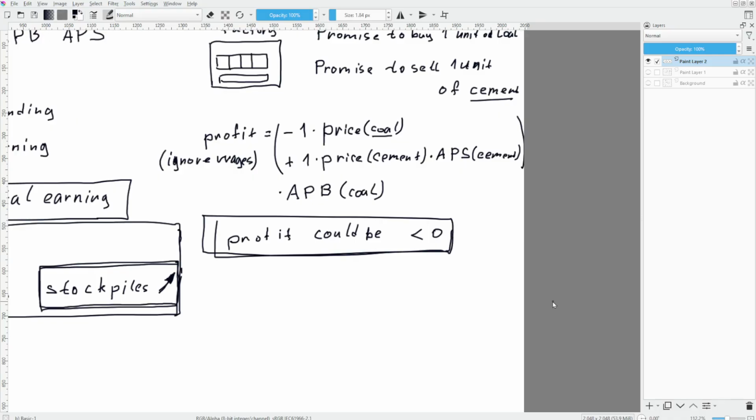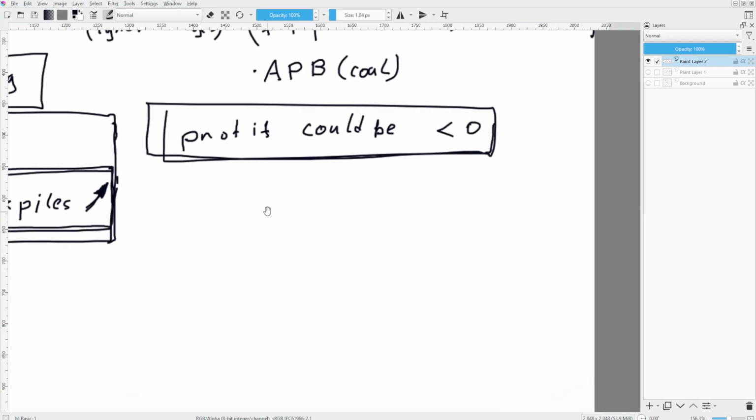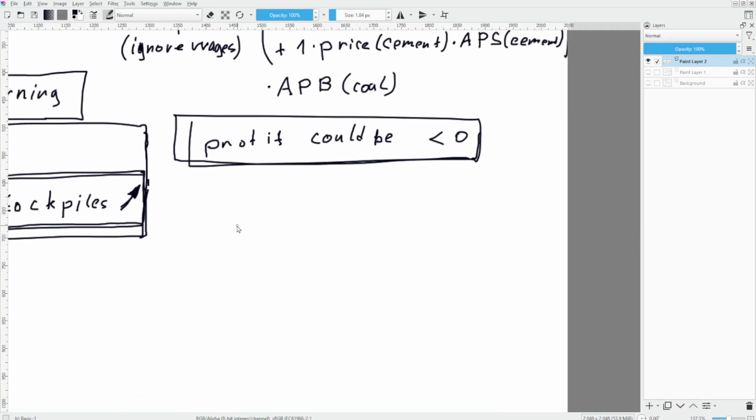Factory could have a certain amount of monetary reserves, right? But it's a lot of data to track. So in Alice, we actually aggregate all these things. We have a thing called total factory balance.